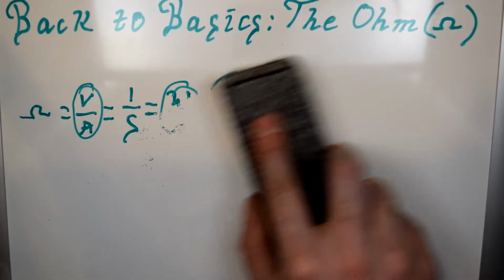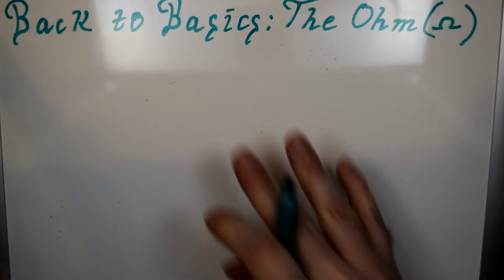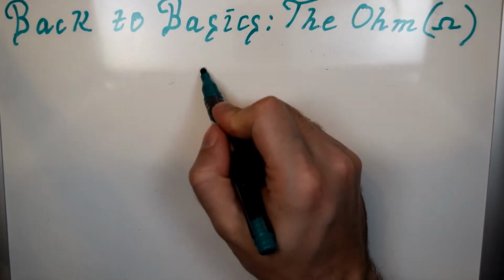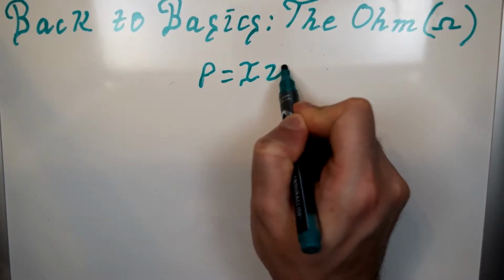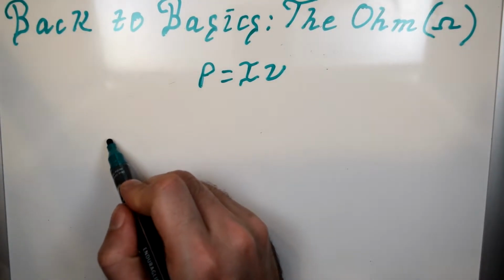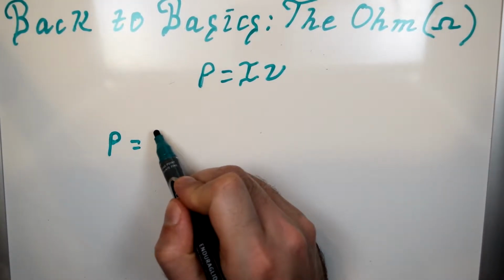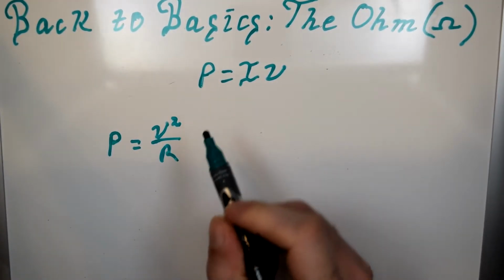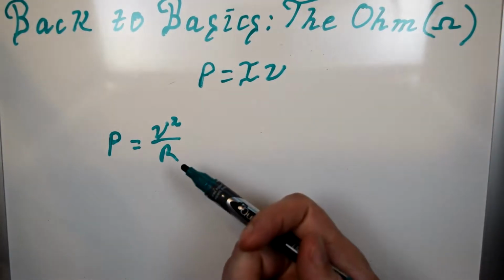So, we can also talk about power as a function of resistance. Before, we've calculated that P equals IV. Now, we can substitute values in, where we can also say that P is equal to V squared over R, in case you don't happen to have your current measurement available, but you do have volts and resistance.